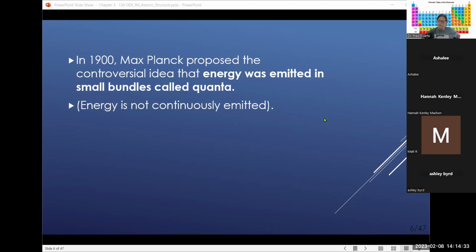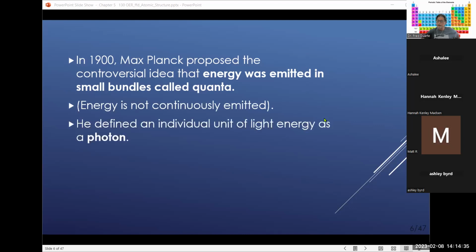That is, energy is not a continuous emission, but energy is of a specific amount, which is associated with a specific wavelength. Okay, and he defined his unit of energy as a photon, hence the old photon torpedo business, right?